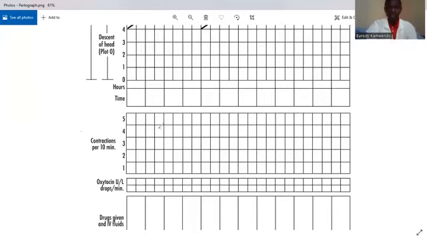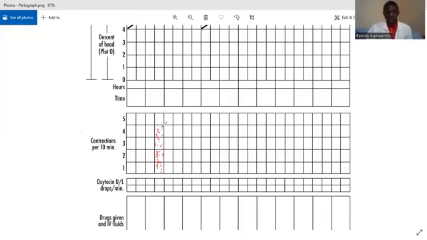You are going to plot by using dots like that. So you plot all the way by using dots. In this particular case, you plot to say you felt 4 contractions in 10 minutes in the first 30 minutes of admission, and each one was not lasting more than 20 seconds.